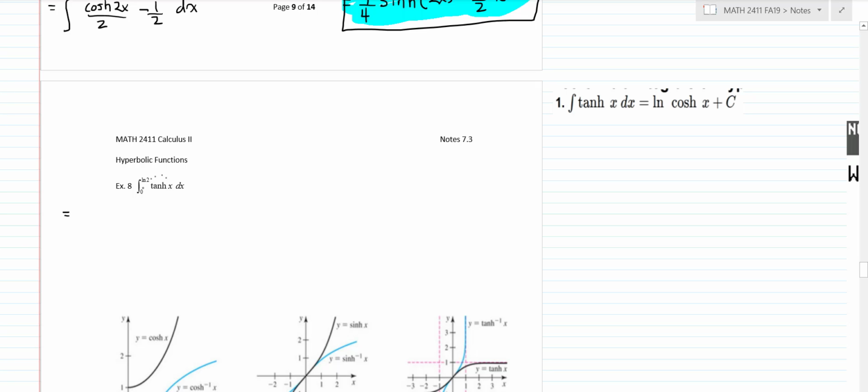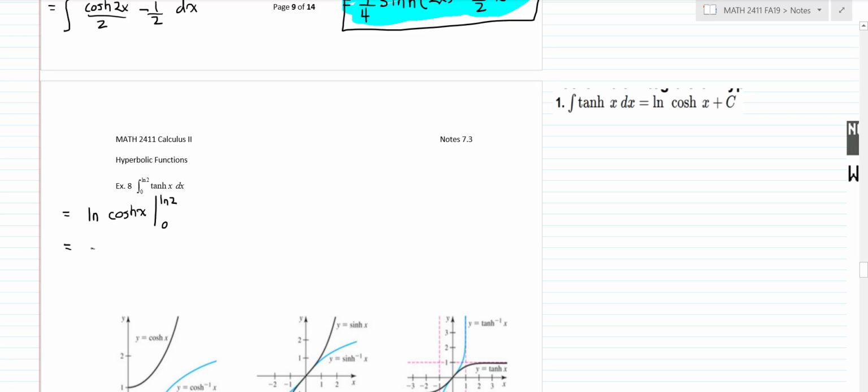So what we'll have on here is the value of the indefinite integral is ln of cosh of x, and then that gets evaluated from 0 to ln 2. So we're going to evaluate a definite integral when we do this, and there's a formula that we're going to have to use on this too. So now we're ready.